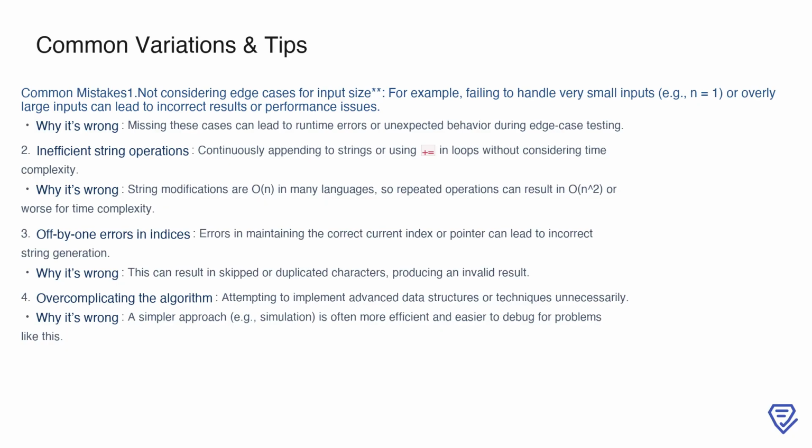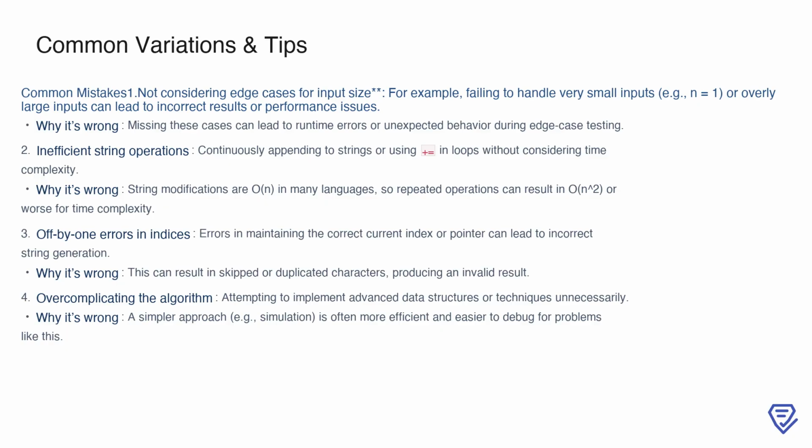Off by 1 errors in indices are another frequent issue. These occur when you mismanage the current index or pointer, leading to skipped or duplicated characters in the sequence. Finally, overcomplicating the algorithm by introducing advanced data structures or unnecessary techniques can make the solution harder to debug and less efficient.